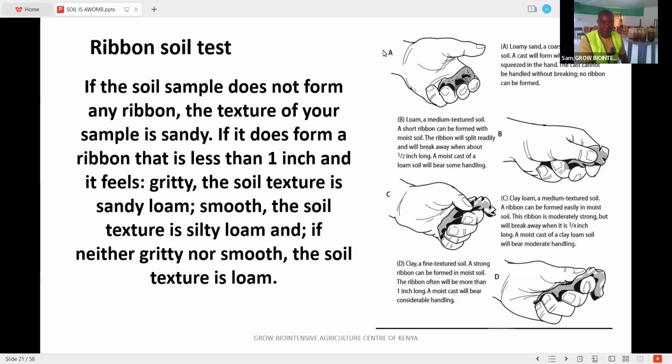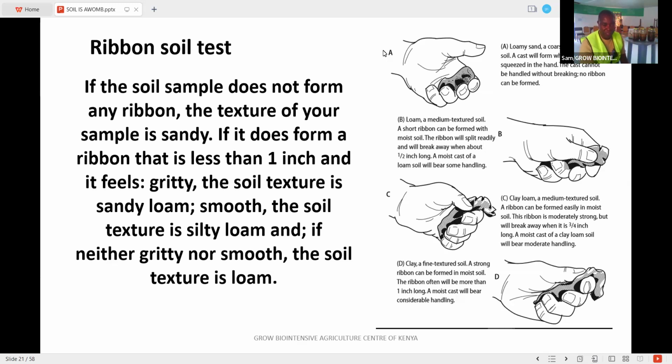Those two methods are very simple, and one can understand the kind of soil they have in their farms, and also advise. If you want to change any type of soil that you have, it is possible by adding organic matter. And organic matter cannot be added once. You keep on adding organic matter all through, every time, for many years.